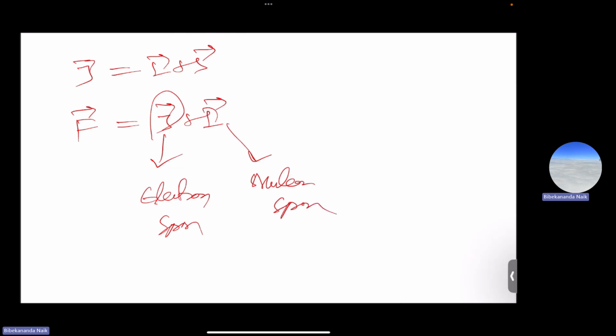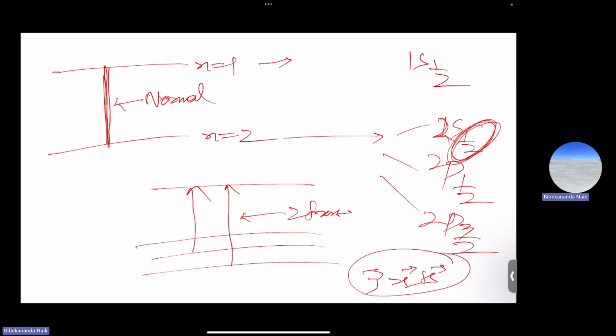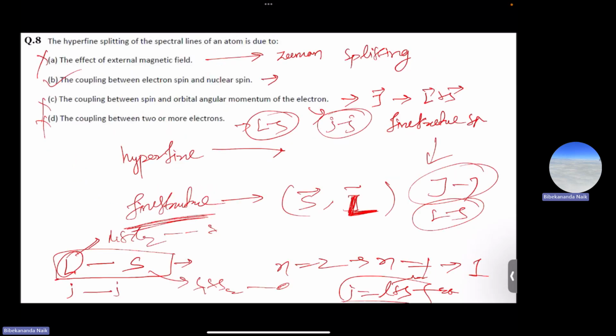So the total angular momentum is the F vector, which corresponds to electron plus nuclear spin. So the interaction between the spin of the electron and the spin of the nucleus results in hyperfine splitting. The correct option is option B.